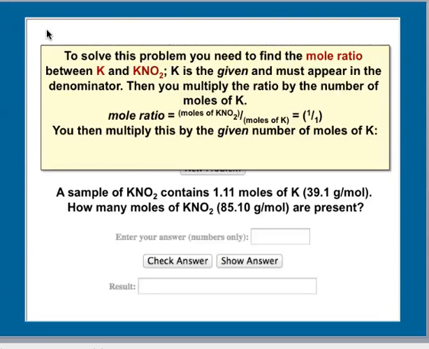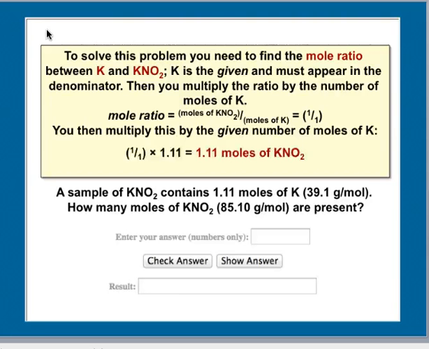So when I write my mole ratio, I want to put moles of potassium in my denominator. So, for every mole of potassium nitrite, there's 1 mole of potassium. If we have 1.11 moles of potassium, we must have 1.11 moles of potassium nitrite.